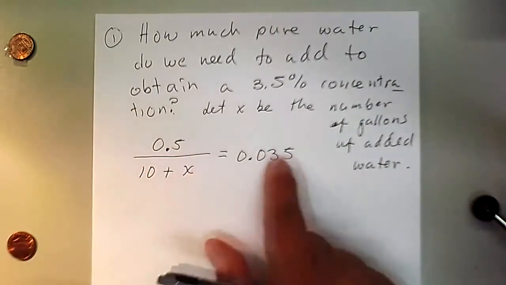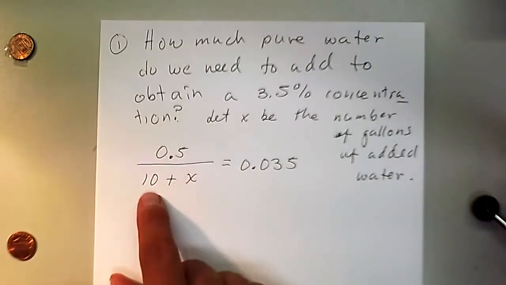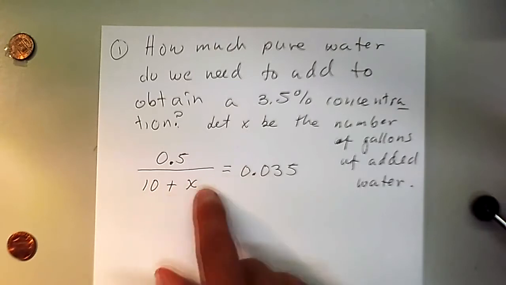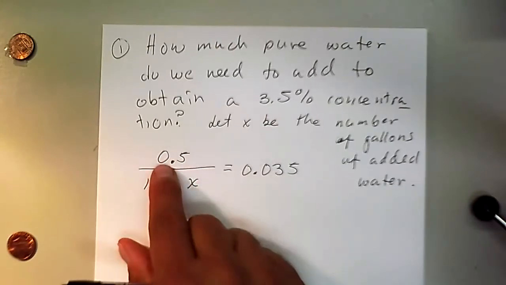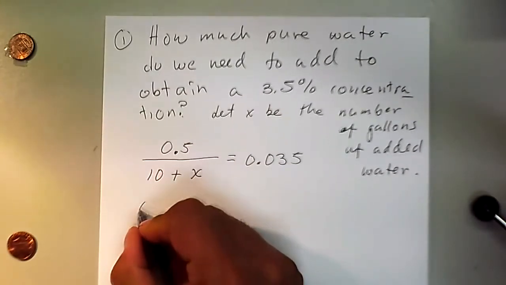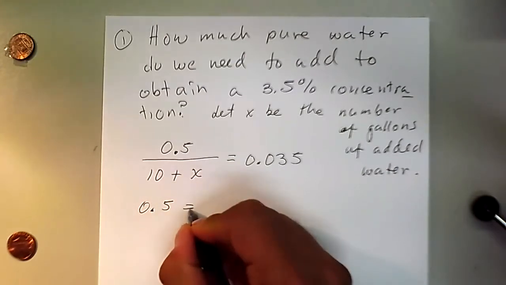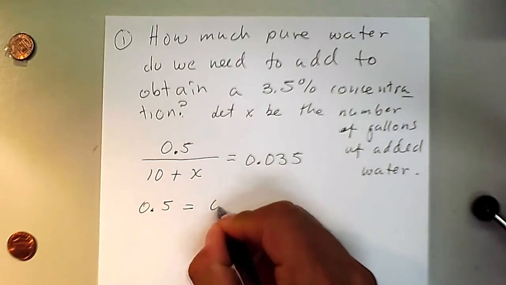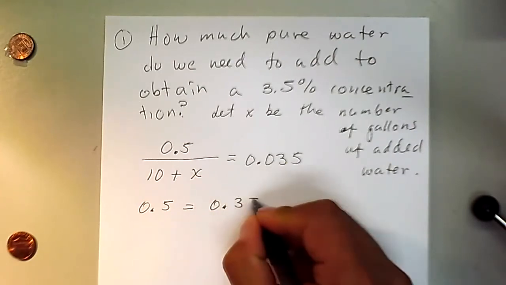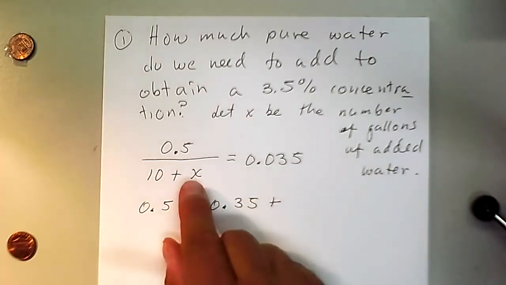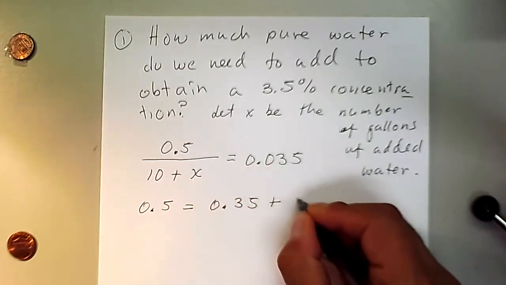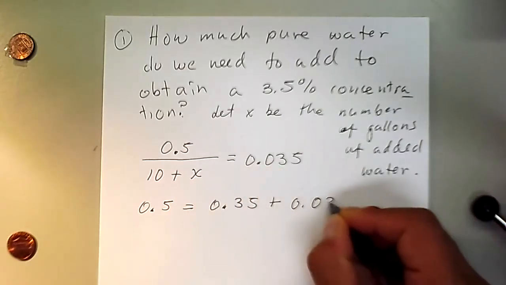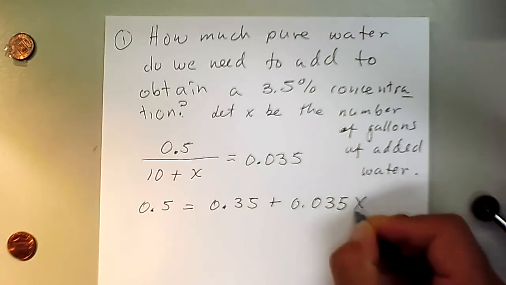Okay, now it's a matter of figuring out what X is in this case. So multiply both sides by 10 plus X. We end up with 0.5 equaling 10 times that, so that is going to be 0.35, plus X times that, so that is 0.035x.